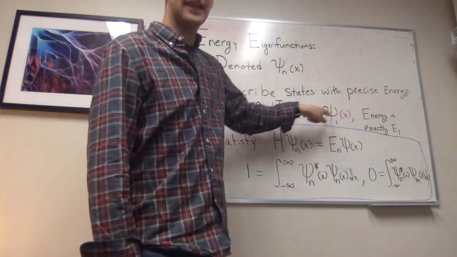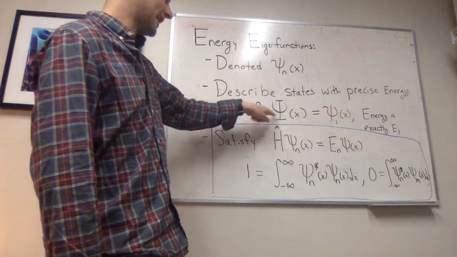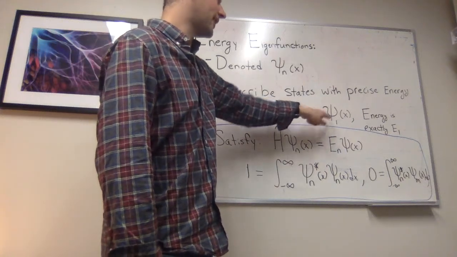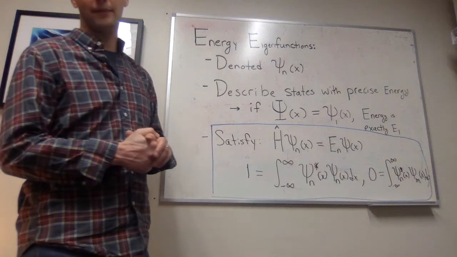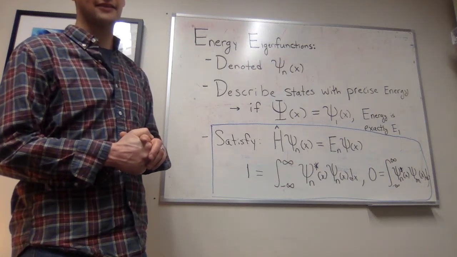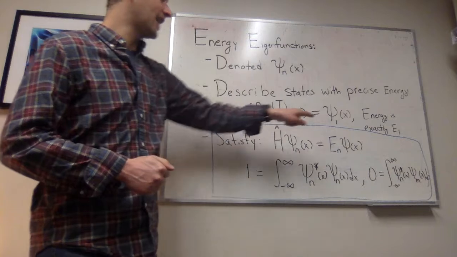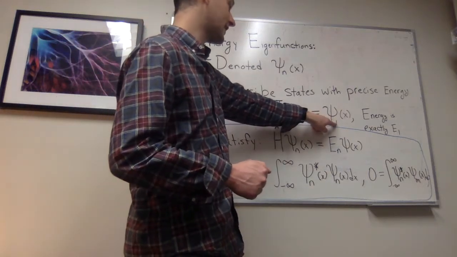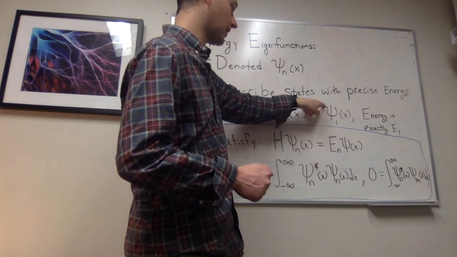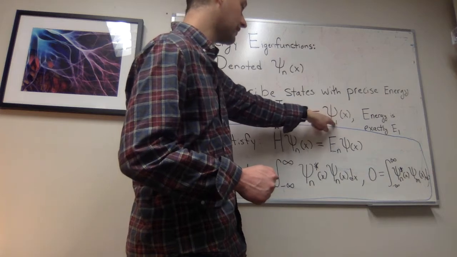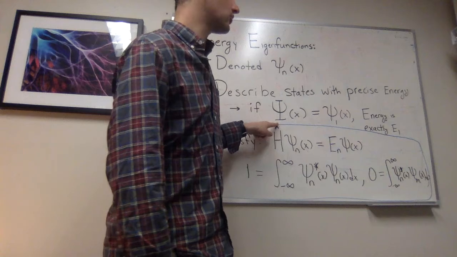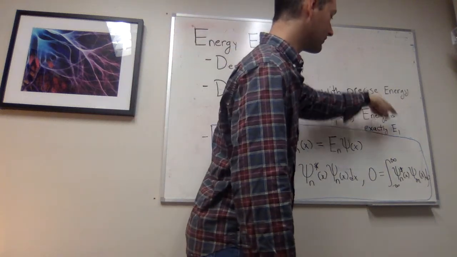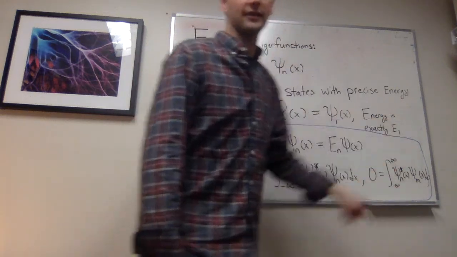But if that is the case, then I know that my electron has a precise value of energy. And because it's in the first energy eigenstate, little psi sub 1, I also know what its energy is. The energy value is whatever E sub 1 is.